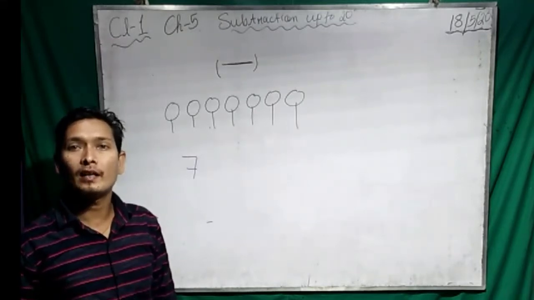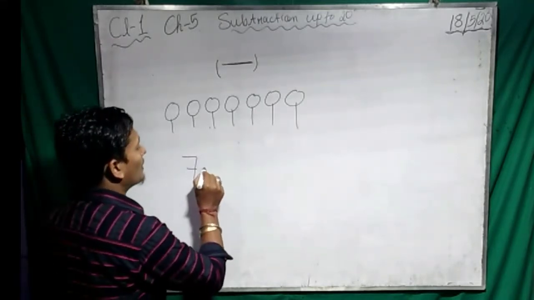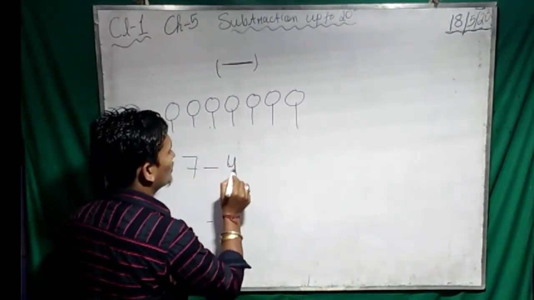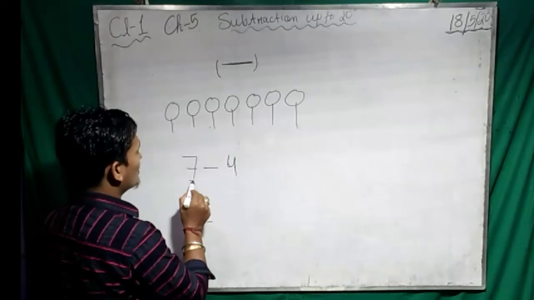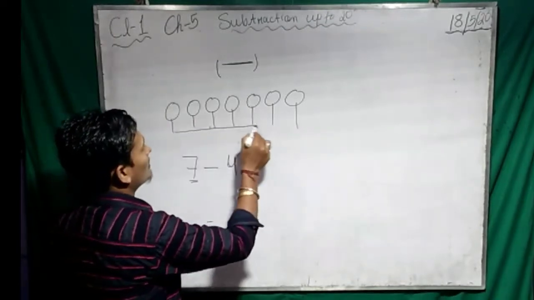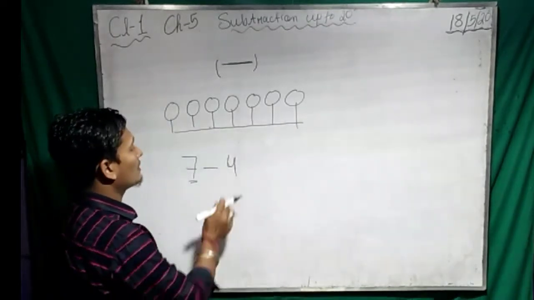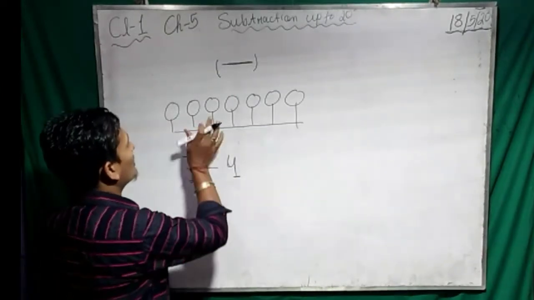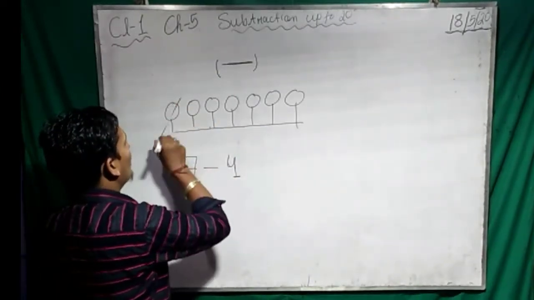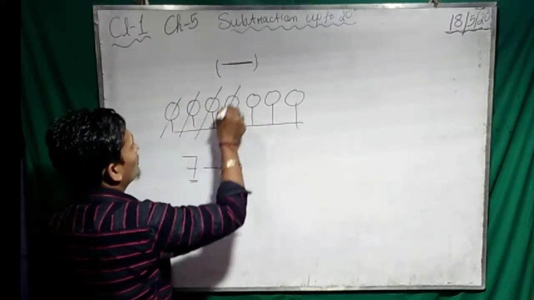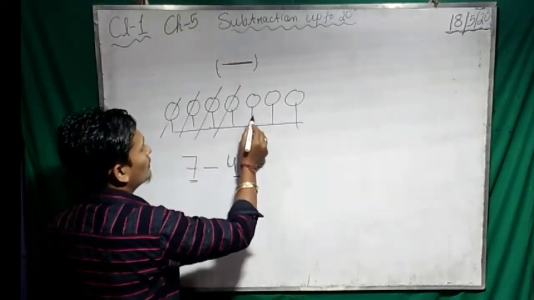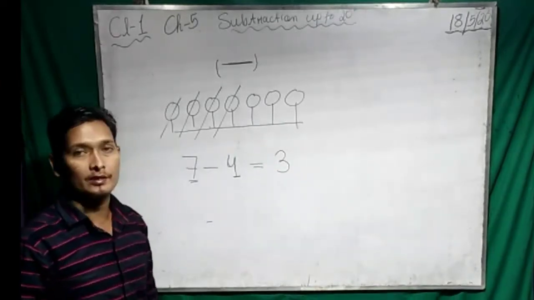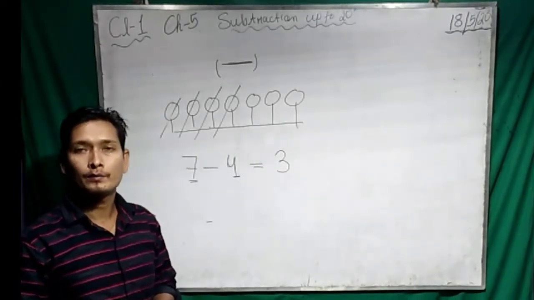So how many candies left with him? So minus 4. So this is a symbol of minus, yes or no? So how we will find? He has 7 candies. And he ate how many candies? 4 candies. So we will cut the 4 candies from the 7. So 1, 2, 3, 4. So what is the answer? 1, 2, 3. So this is called subtraction, means taking away from the number.